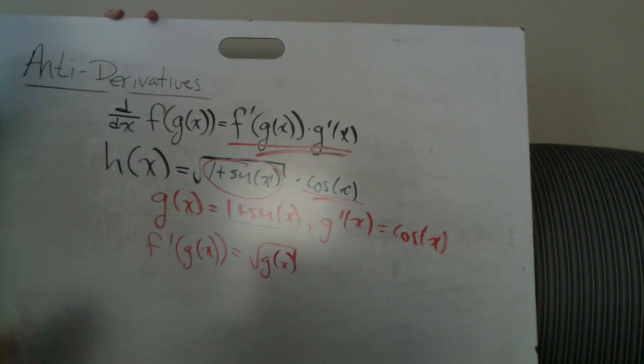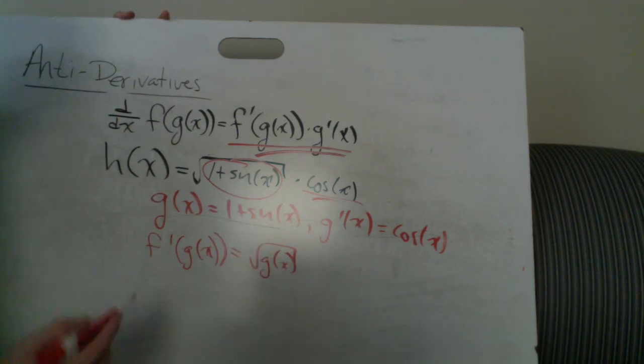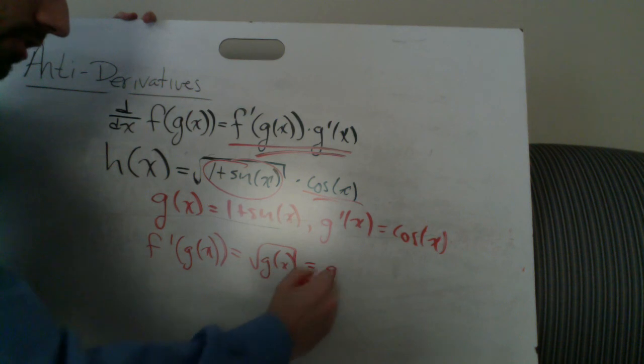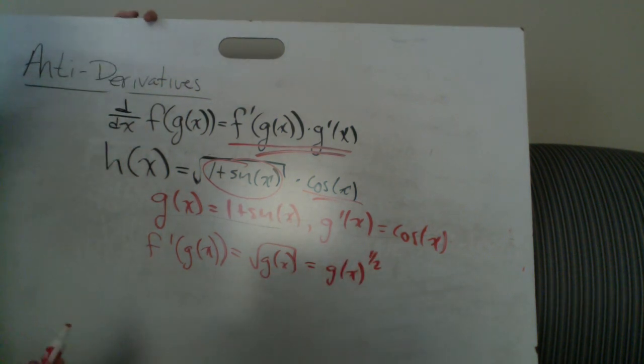So if I want to find the original f, well, I just need to find the antiderivative of the square root. So if I think of this as g of x to the power 1/2, just as in the problem we saw earlier in this video, its antiderivative would be 2/3 g to the 3/2.